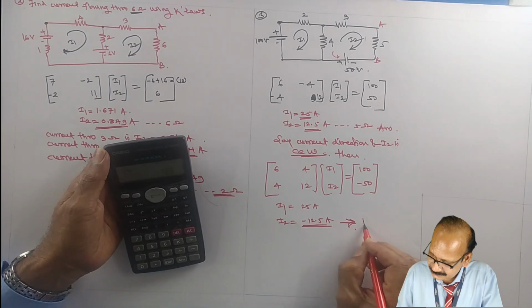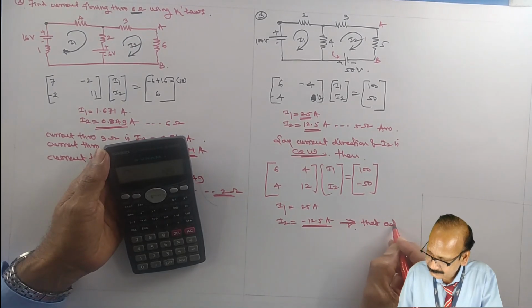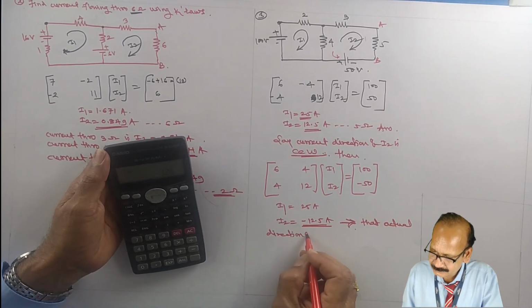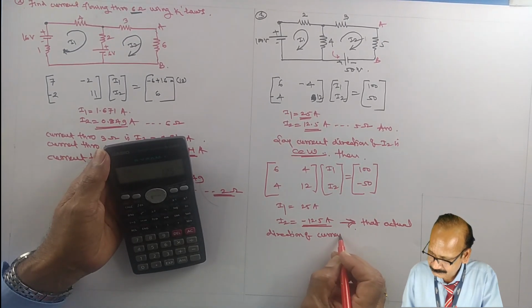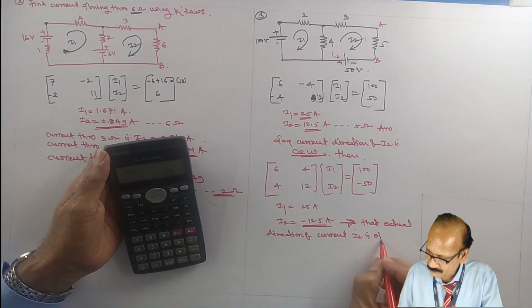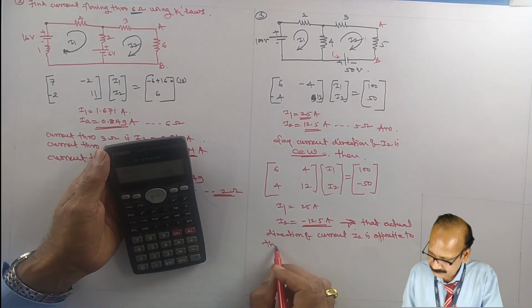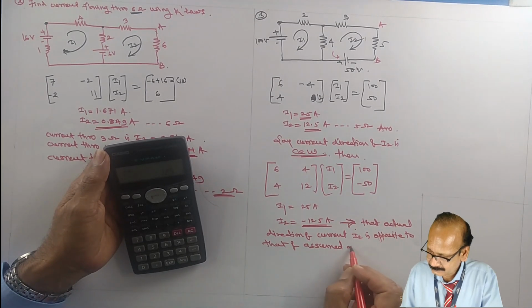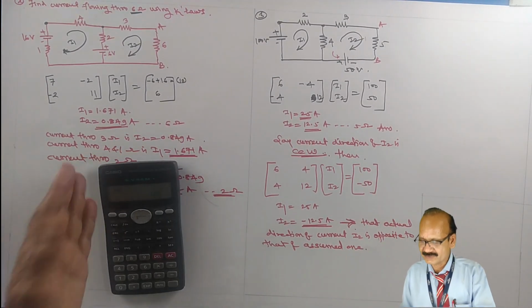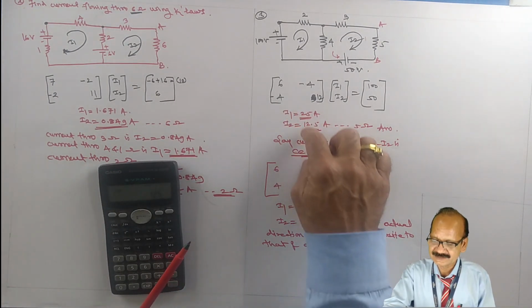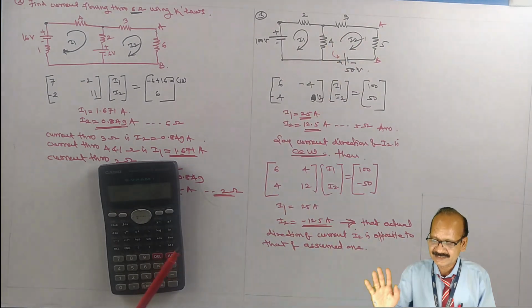It indicates that the actual direction of current I2 is opposite to that of the assumed one. That is, we have assumed counterclockwise direction, but actually it is flowing in clockwise direction. That's why here answers are positive, which indicates that the assumed directions are correct.